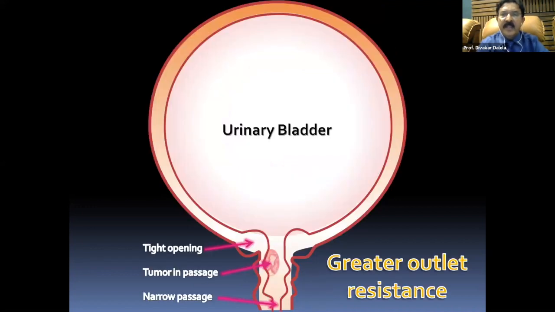But if in some patient there is a blockade in the urethral passage on account of narrowing or a stone or a tumor or whatever, there's a greater outlet resistance, and the urinary bladder will not empty as nicely as it should. So there would be a problem. You can have infection.